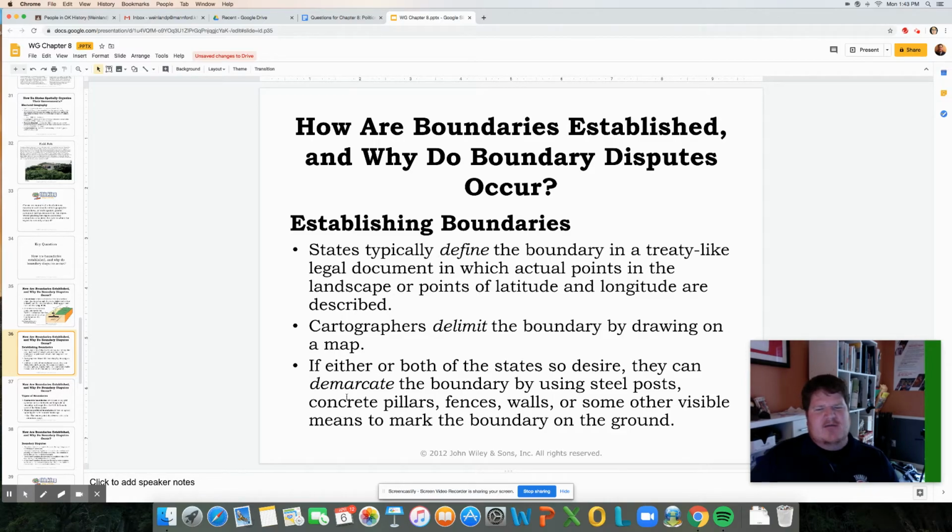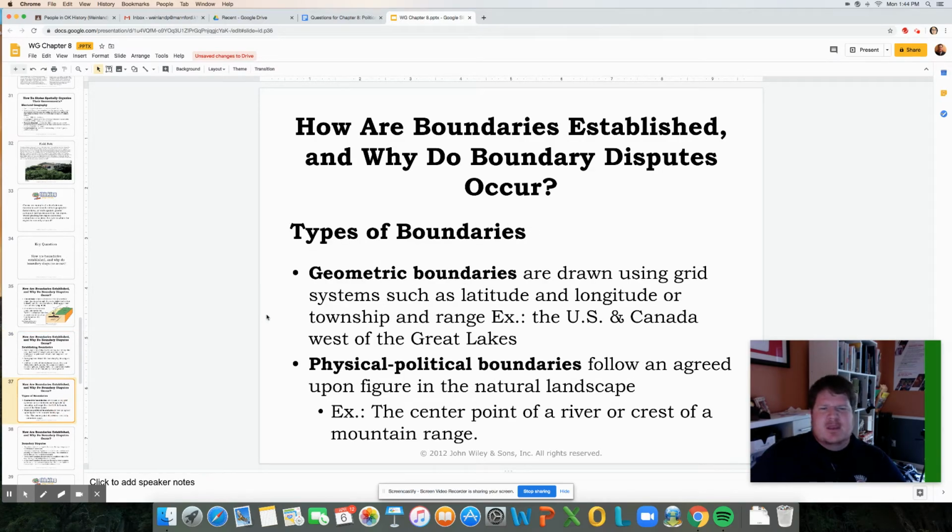We also have demarcation, boundaries like pillars, fences, walls, visible enough to see the boundary put in place to know where our land begins and the other person's ends. Geometric boundaries. We have geometric boundaries. They're drawn.